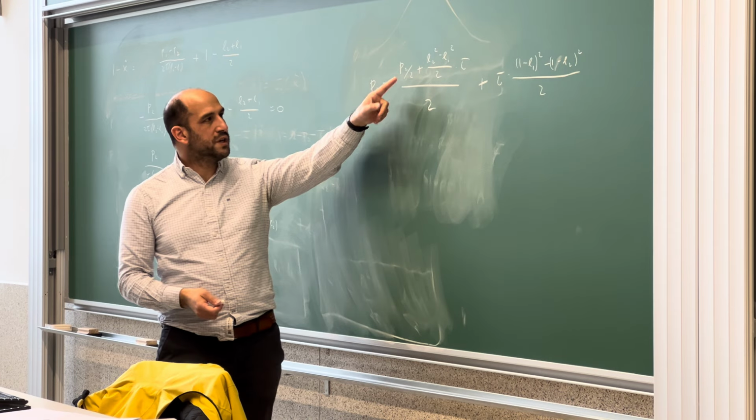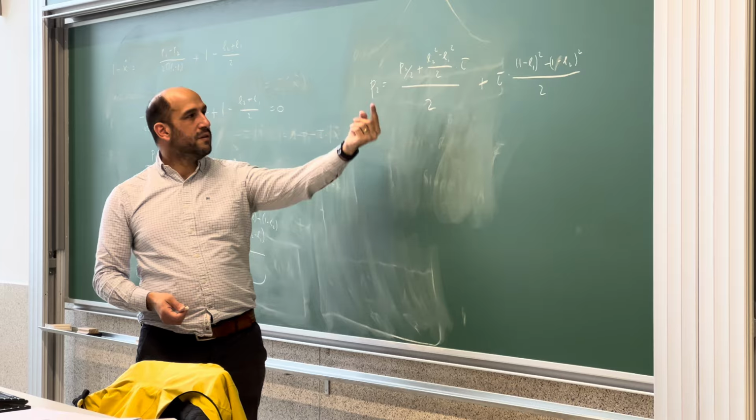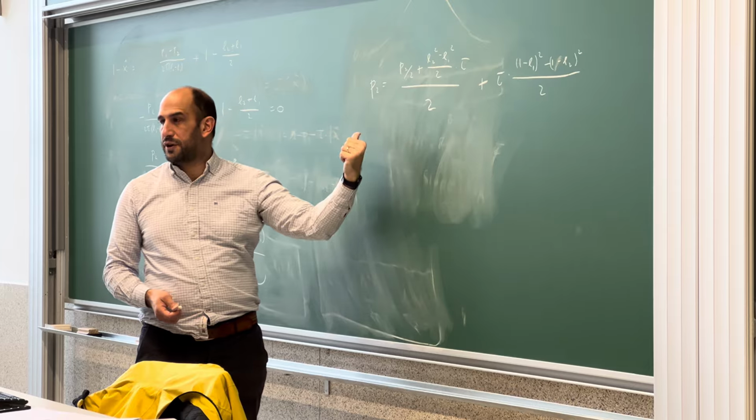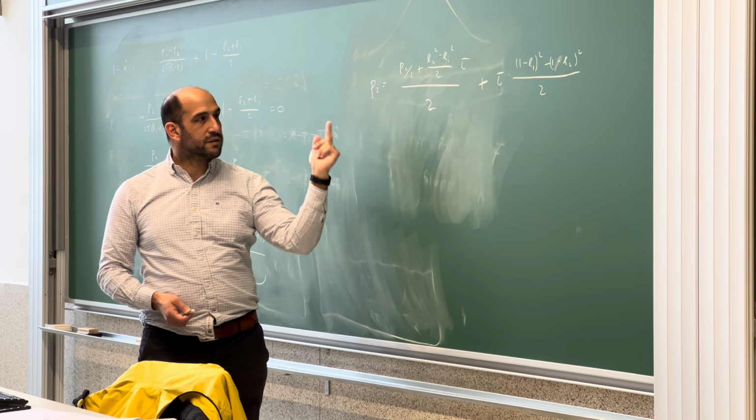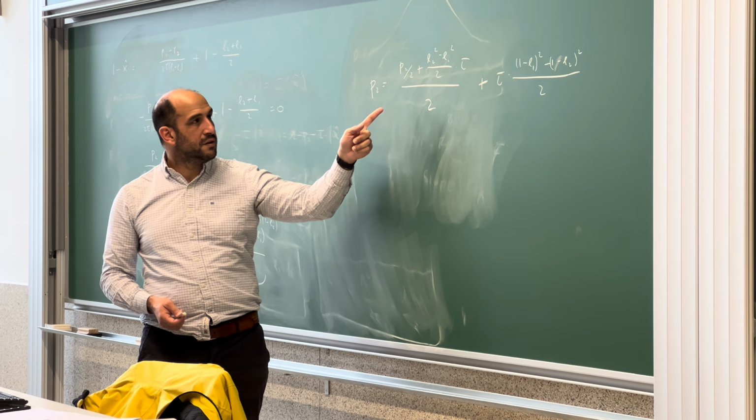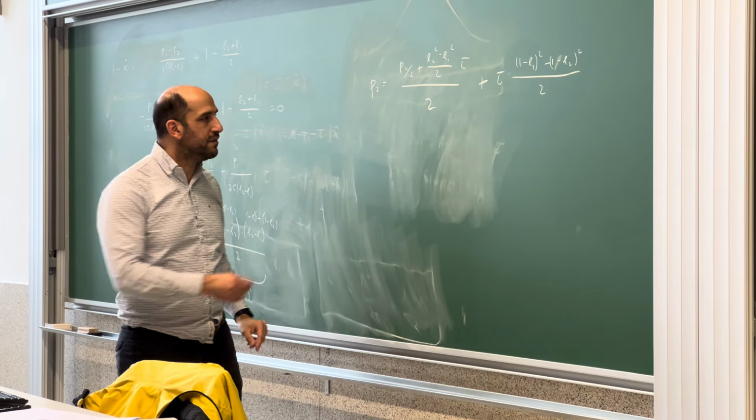And I have this P2 over 4 pass to this side, and I have 3/4 times P2. That's going to be 4/3 times whatever's left here that didn't have a P2.